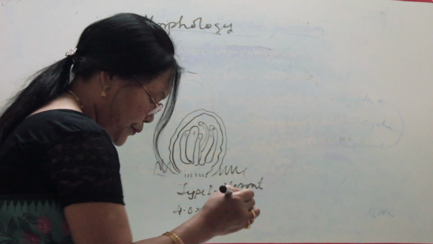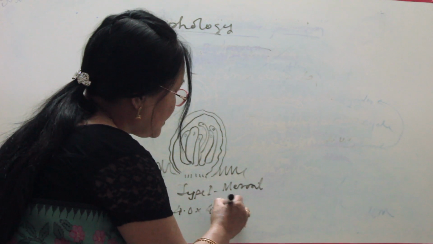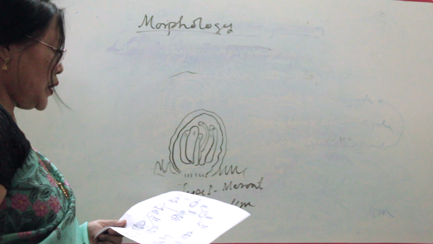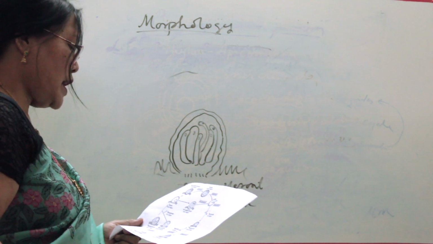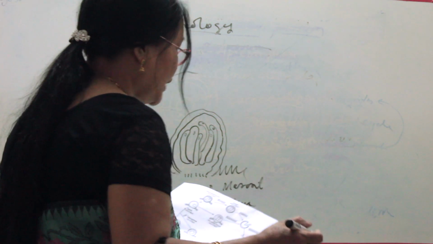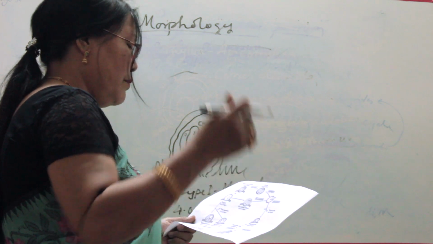The diameter of the type 1 meront is about 4.0 by 4.8 micrometers. After this, the microgametes and the macrogametes are developed. The macrogametes are the female and the microgametes are the male.